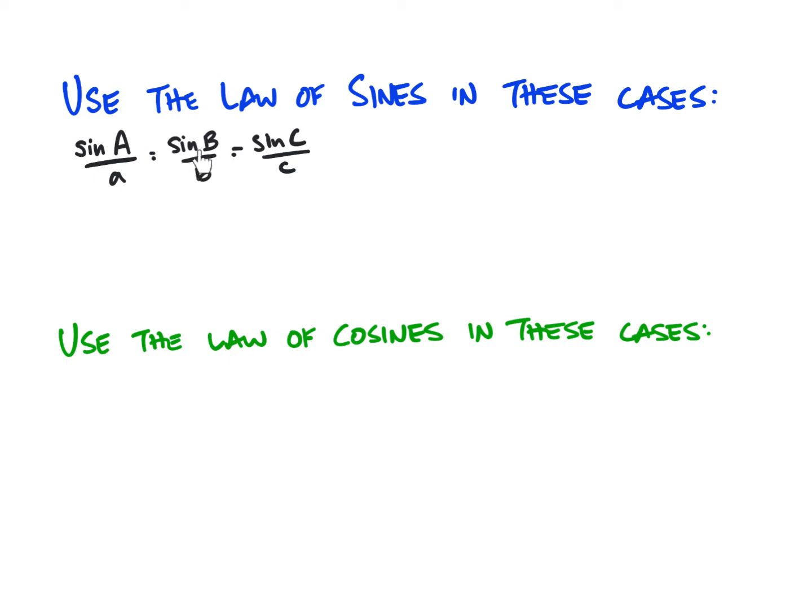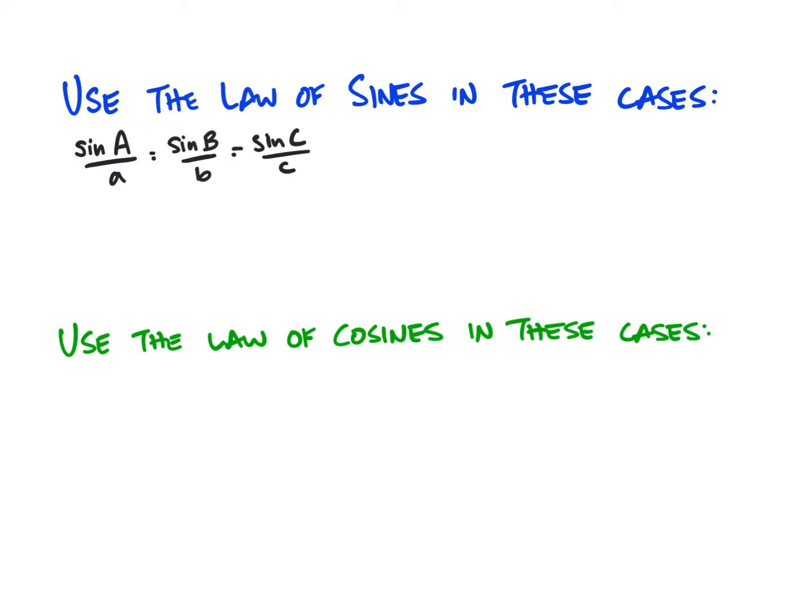In order for three of the four measurements to be known in any pair of ratios here, what it means is we have to have one angle and its opposite side and some other piece of information. Just some combination where we have both the angle measure and the opposite side length plus one other piece of information. That would be enough to use the law of sines.